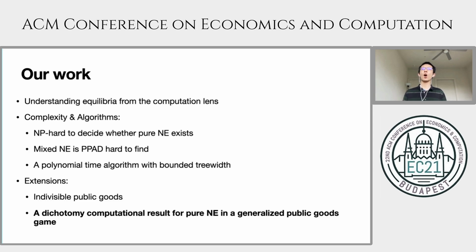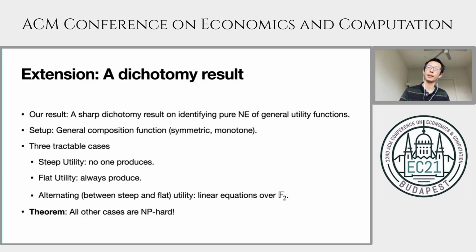We take the utility of all players to be a same monotone and symmetric function over its neighbor. And the key question here is which monotone functions are hard to find a pure Nash equilibrium and which are easy. We show a sharp dichotomy result on certifying whether pure Nash equilibrium exists, and we identify 3 tractable cases.